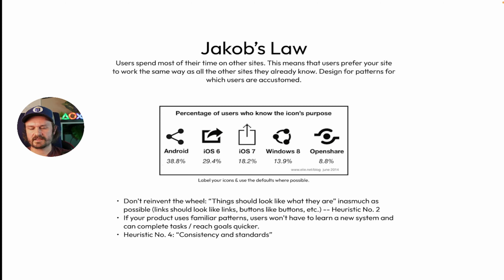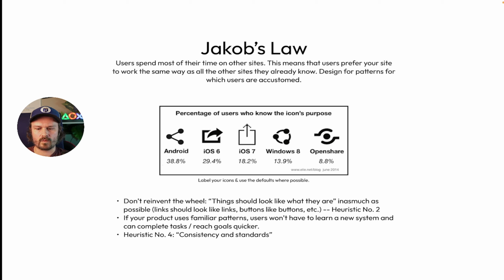Jacob's Law states that users spend the majority of their time on products, or engaged with products, other than yours. That product could be an app, it could be a website, any number of things. Because their time is generally spent elsewhere, their expectations are formed based on the experiences they have using other products.